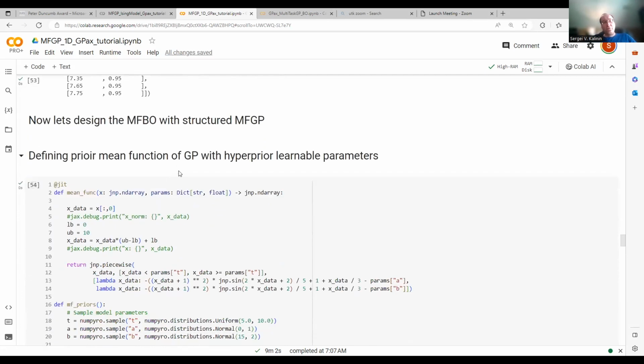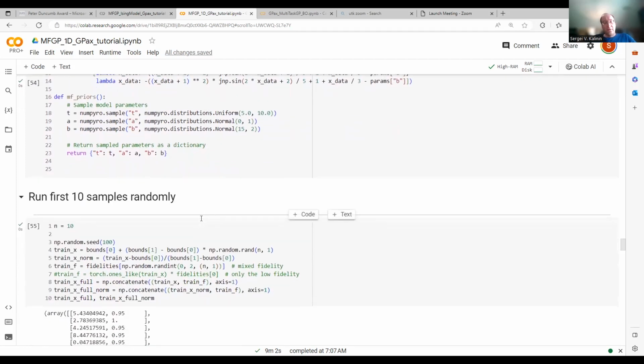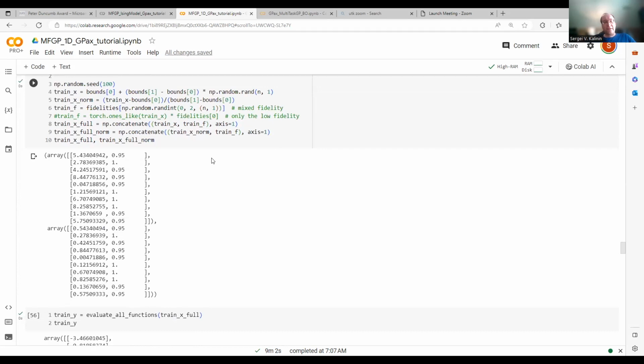So let's see how it works with the structured Gaussian process. You've already seen the notebooks for the structured Gaussian process. We define our model, and we create the priors for these models. And then we do things in exactly the same way.